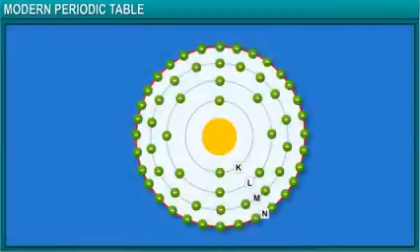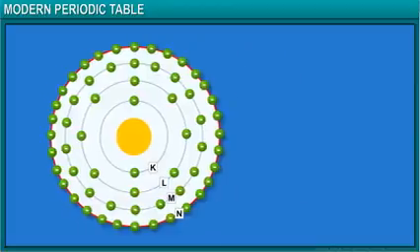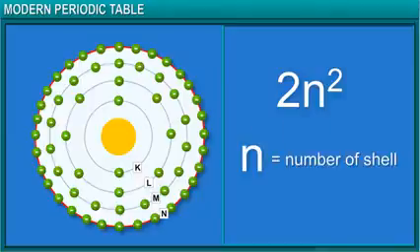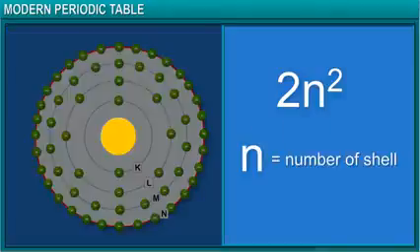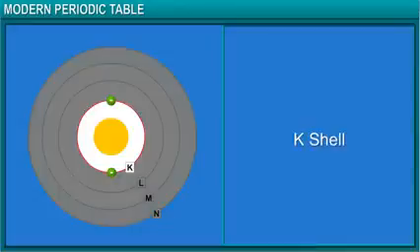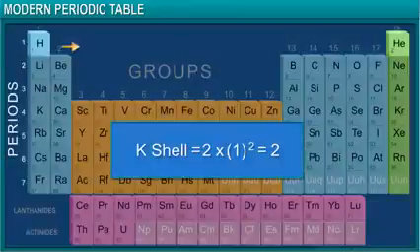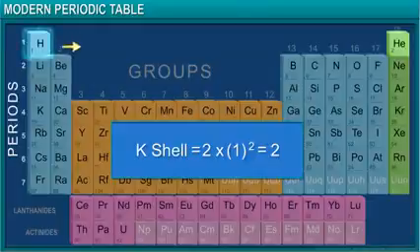We know that the maximum number of electrons that can be accommodated in a shell is given by 2n raised to the power of 2, where n is the number of the given shell from the nucleus. For example, K shell is equal to 2 multiplied by 1 raised to the power of 2, which is equal to 2. Hence the first period has 2 elements, that is, hydrogen and helium.